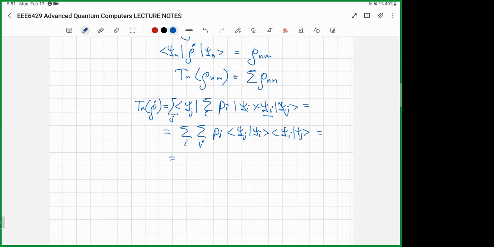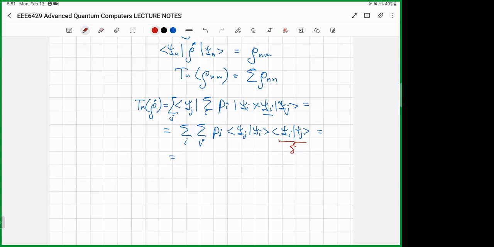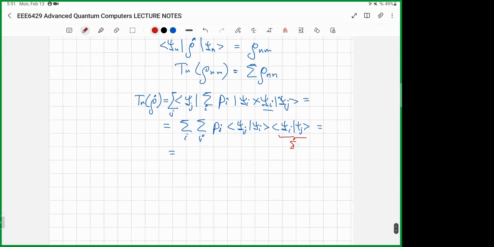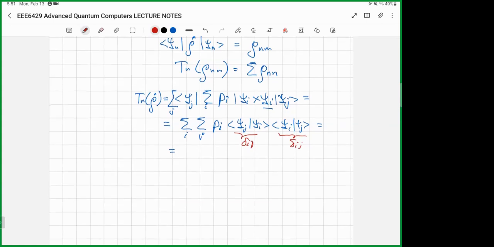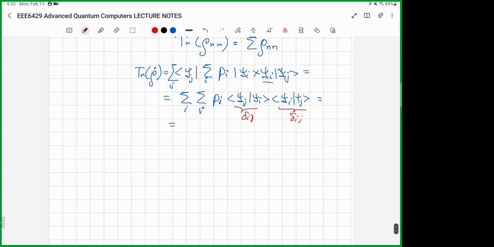Okay, so we can recognize these two as Kronecker delta matrices, delta_ij, and this also delta_ij. So all this simplifies down to just the sum over i of p_i.